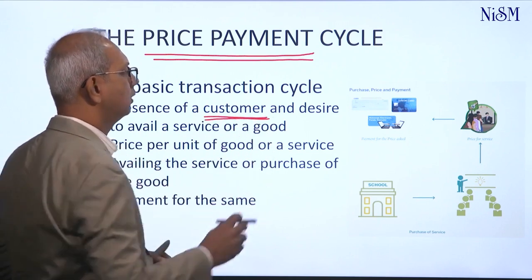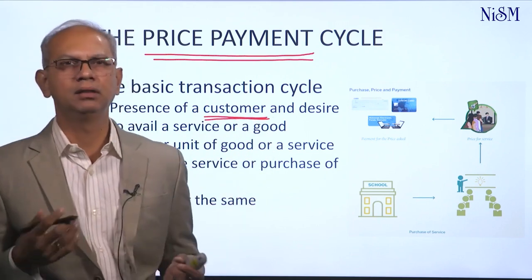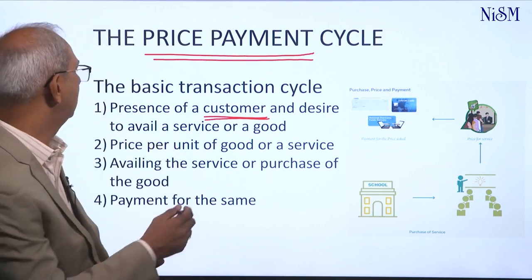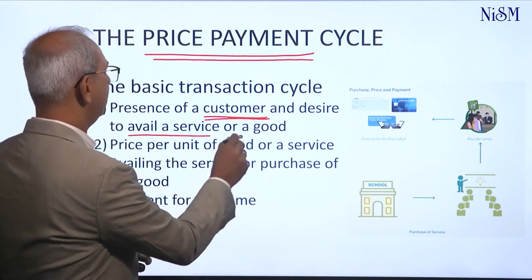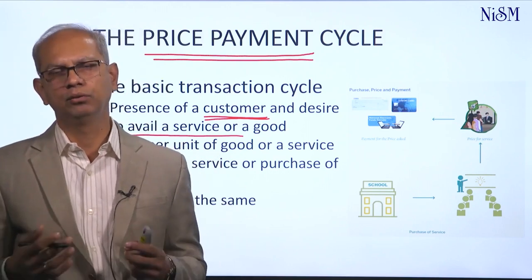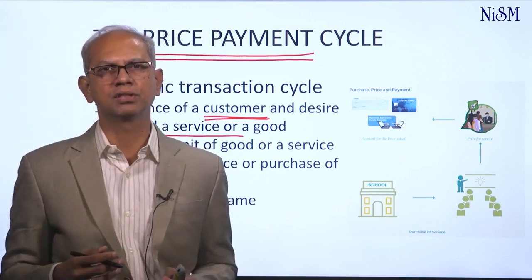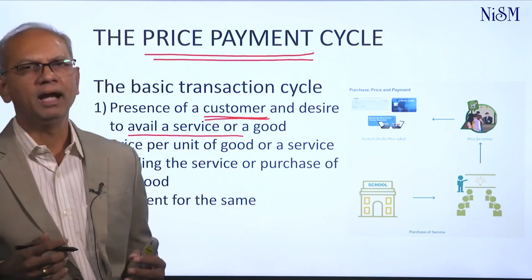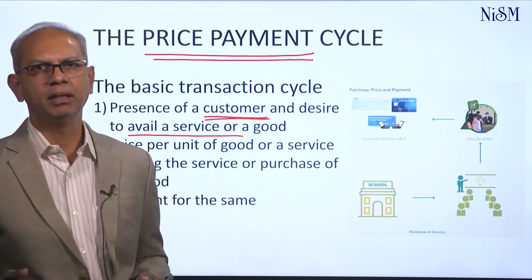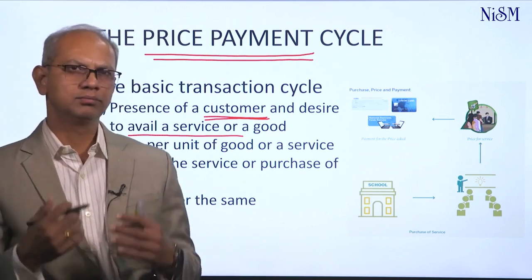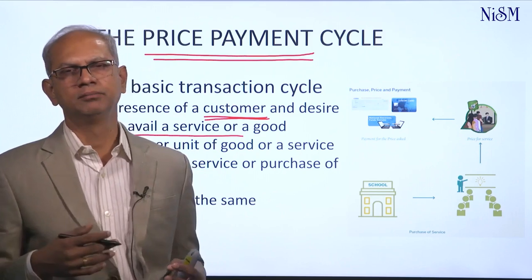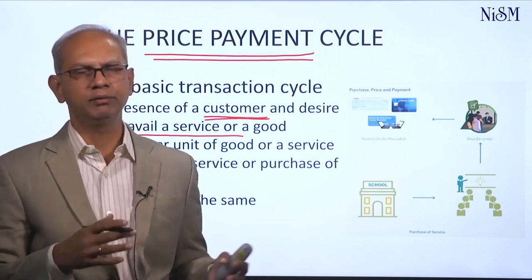For example, if you are the customer and you want to avail a product or service, in the earlier method you would go to the market, select the good, make the payment over the counter, and then take the good with you, whether it's a garment or a toy or whatever.